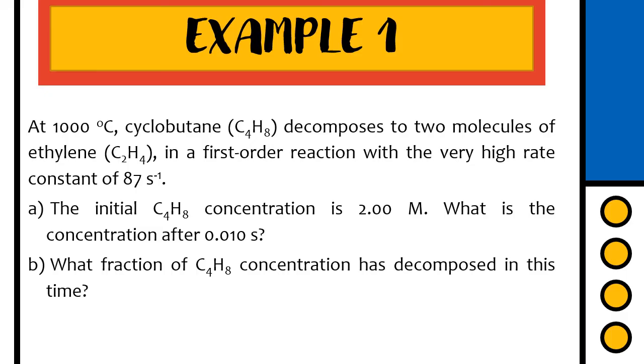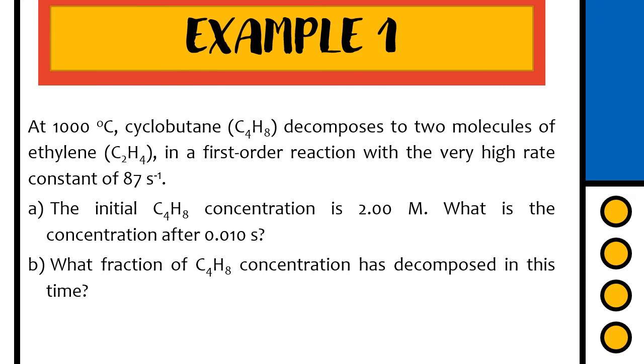So example 1: at 1000 degrees Celsius, cyclobutane decomposes to 2 molecules of ethylene in a first order reaction with a very high rate constant of 87 per second. So let's highlight some of the information here and then classify.